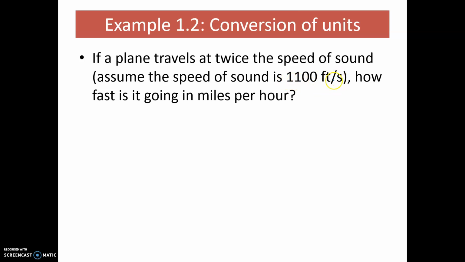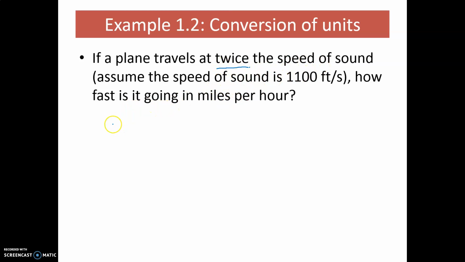The question wants you to convert this to miles per hour, and there is one more thing to consider: the plane travels at twice the speed of sound. That means the speed of sound is this, so the plane is twice that. The 1100 feet per second needs to be multiplied by 2. After that we can do the conversion.